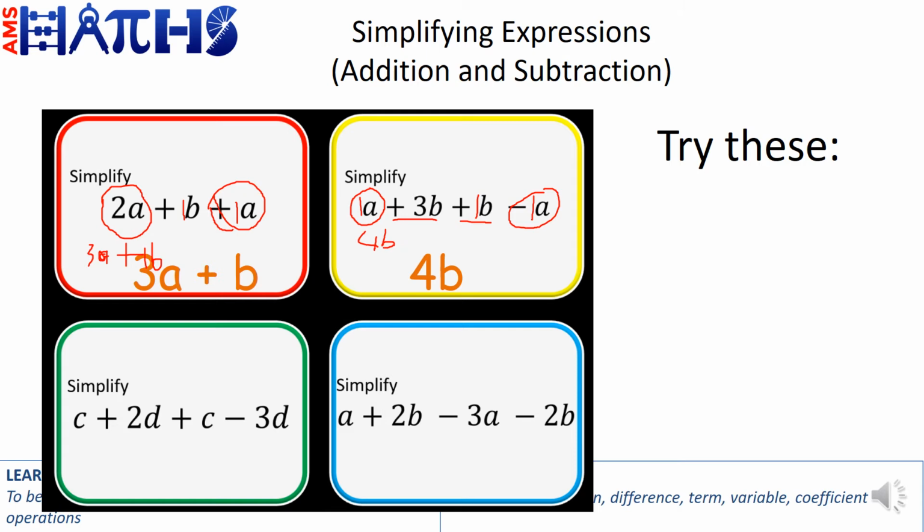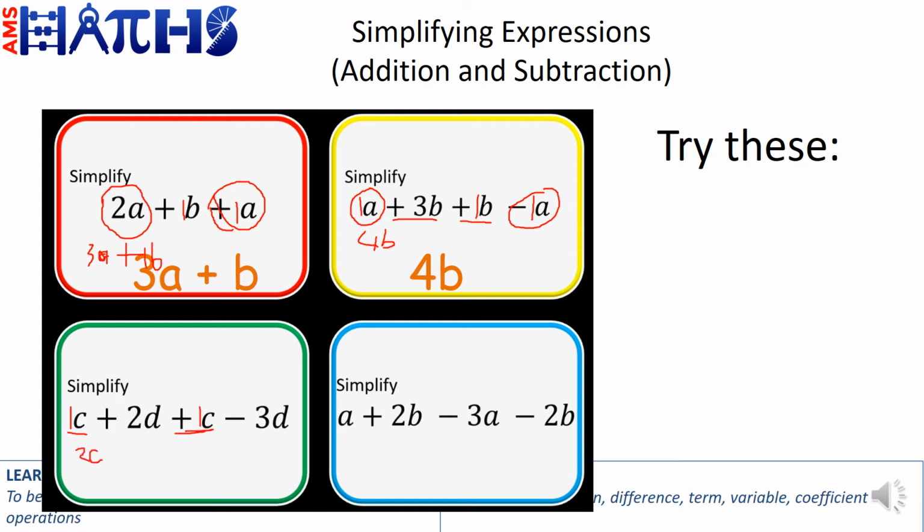On the green box, let's work on the C's, as we have C's and D's. So we have 1C and 1C. This is a positive 1C plus 1C, and we need to add 1C to that. So 1C plus 1C gives us 2 C's.